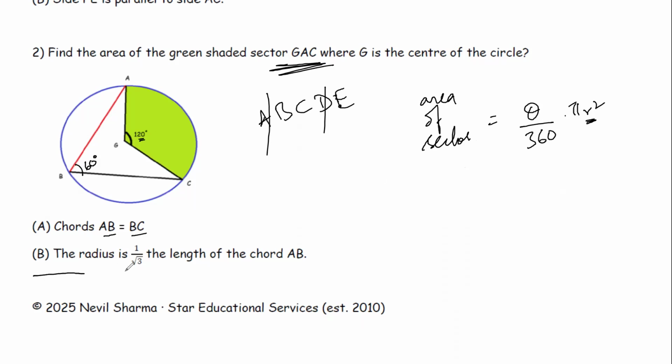Okay. B, the radius is 1 by root 3 the length of the chord AB. Now using that statement alone, we need to know the length of the chord AB, right?